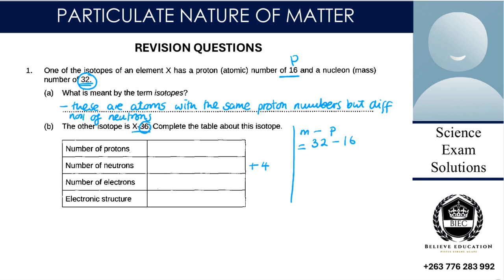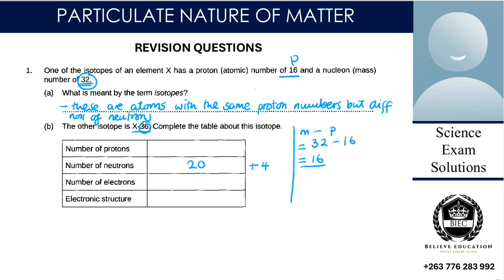So if we go 32 minus 16, that's 16. So the new isotope has 36, and the number of neutrons we're expecting to increase from 16 by 4. When increased by 4, the number of neutrons is what? 20.